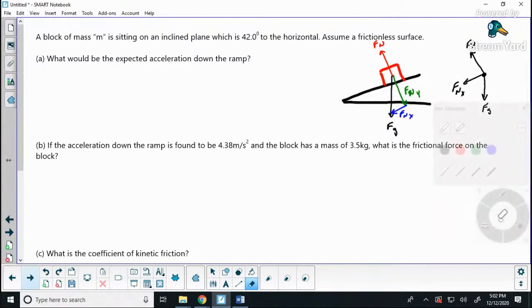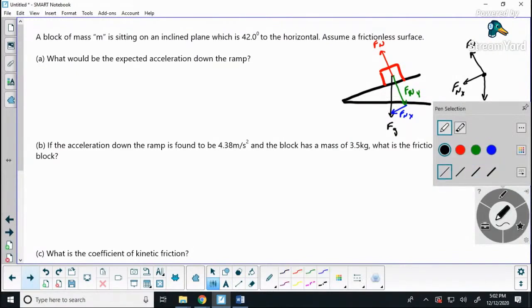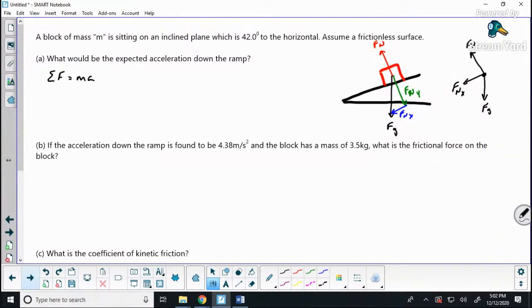So now let's work what the problem actually asks. It says, what would be the expected acceleration down the ramp? Okay, so let's start out with a base equation that net force always equals mass times acceleration. And if I'm looking down this ramp, I'm looking in the x-axis. So net force in the x-axis would equal the mass times acceleration in the x-axis. Well, we've got another equation that says net force in that x-axis.